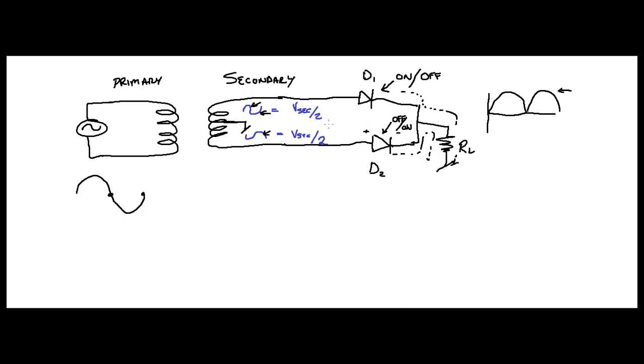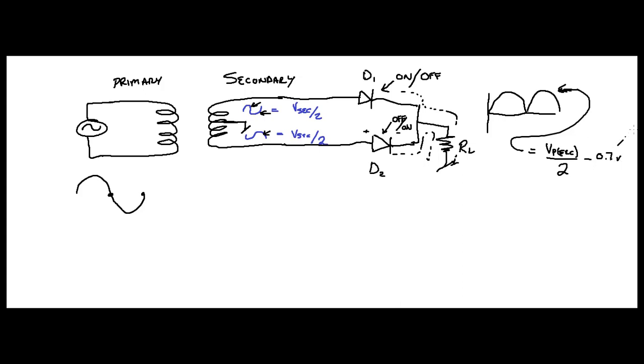So if you really want to think about it, this value at this point, I put it right here, is going to equal VP secondary over 2 minus 0.7 volts.